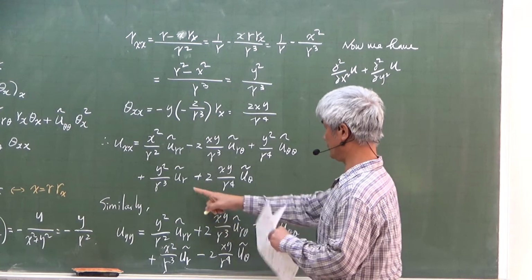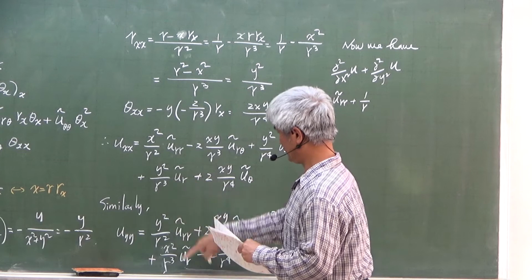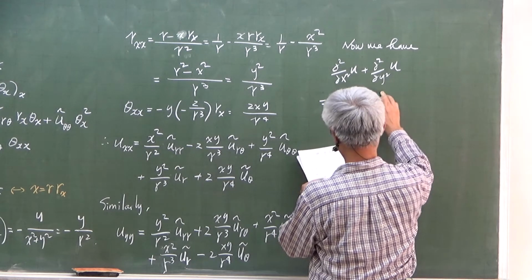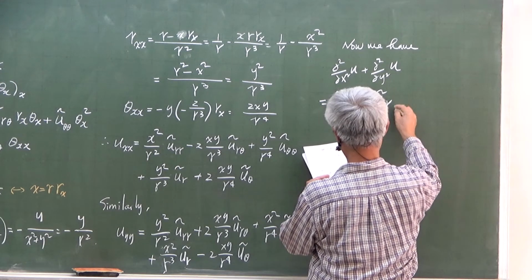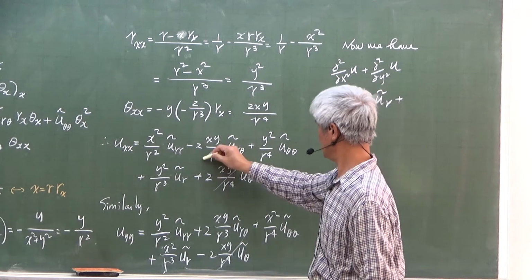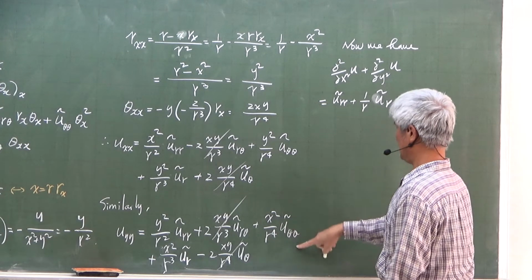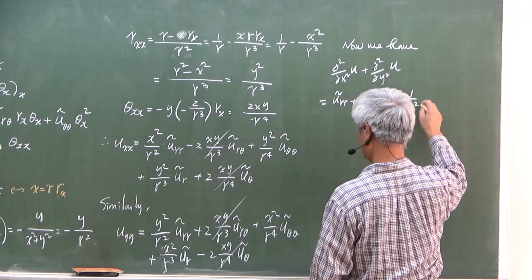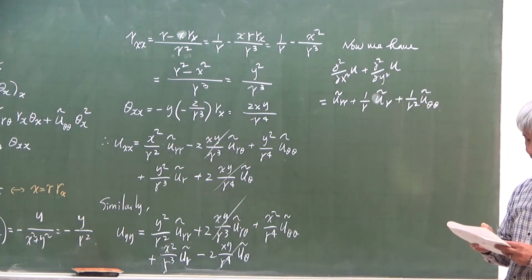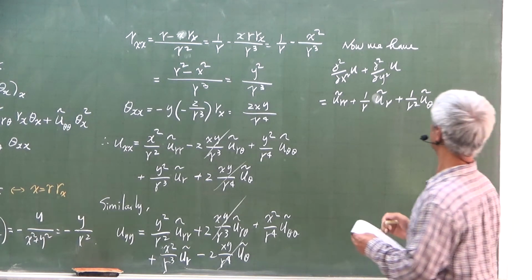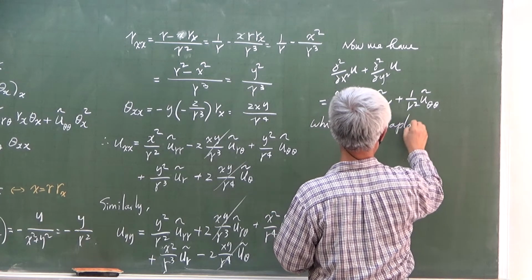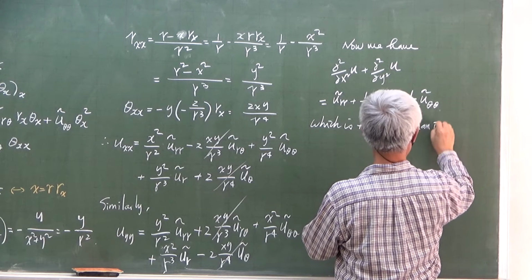And for u r, when you sum up together, we have 1 over r. And we cancel this part. So finally, for here we have 1 over r squared u theta theta. Okay, so this is the Laplacian in polar coordinates.